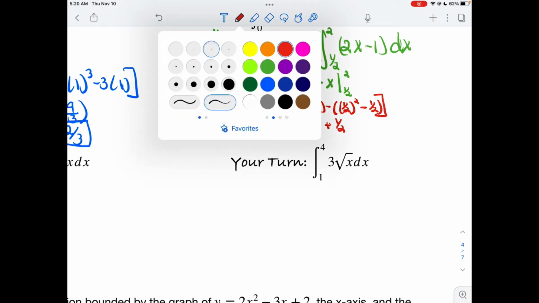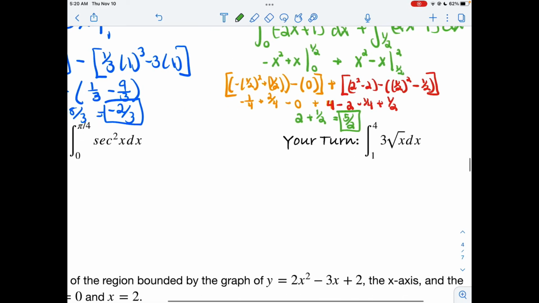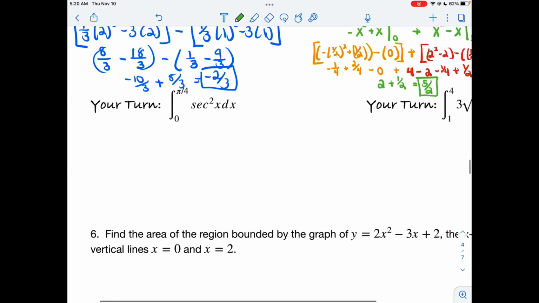Combining all like terms, negative 1/4 plus 2/4 is positive 1/4 minus another 1/4. Those cancel out. Then I'm left with 4 minus 2, which is 2, plus 1/2, which is 5/2. Okay, you try this trig one.